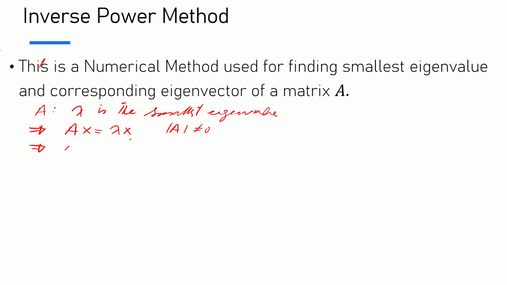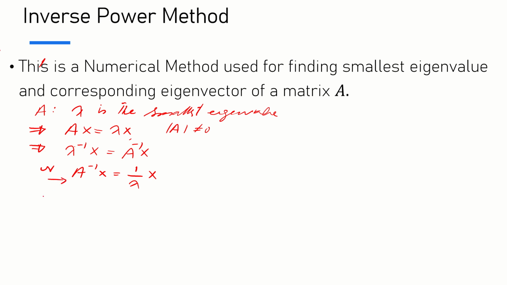Right. This can be written in this form as well. I just divide both sides by lambda and multiply by A inverse. So I'll get lambda to the power minus 1 x is equal to A inverse x. That is, A inverse x is equal to 1 over lambda x.